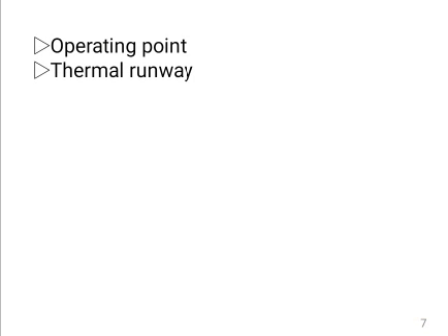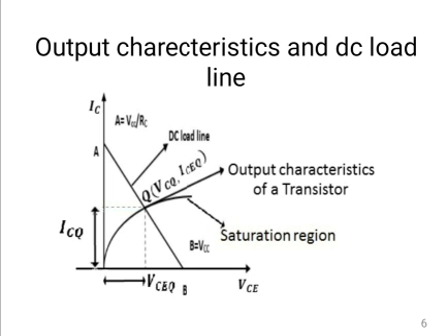Next, operating point, or we can say quiescent point. The operating point Q is the point of intersection of the DC load line and the saturation region of the output characteristics of a transistor.